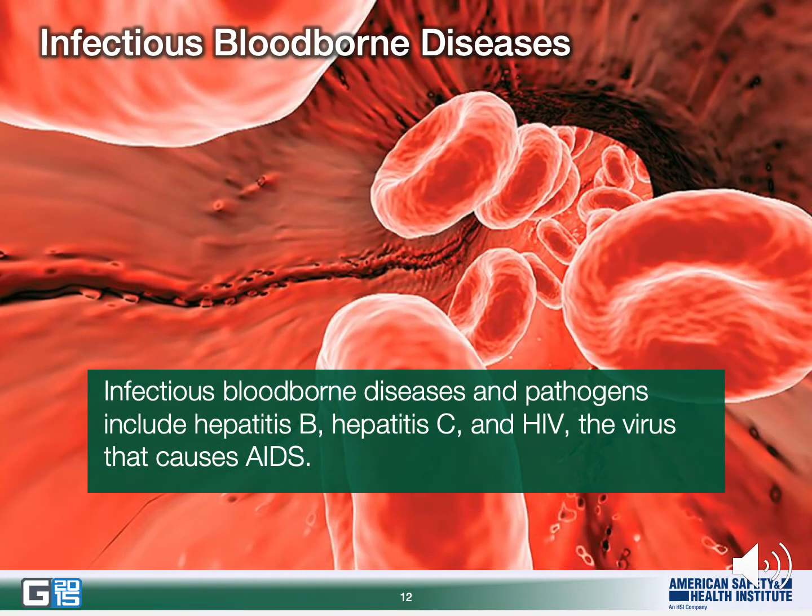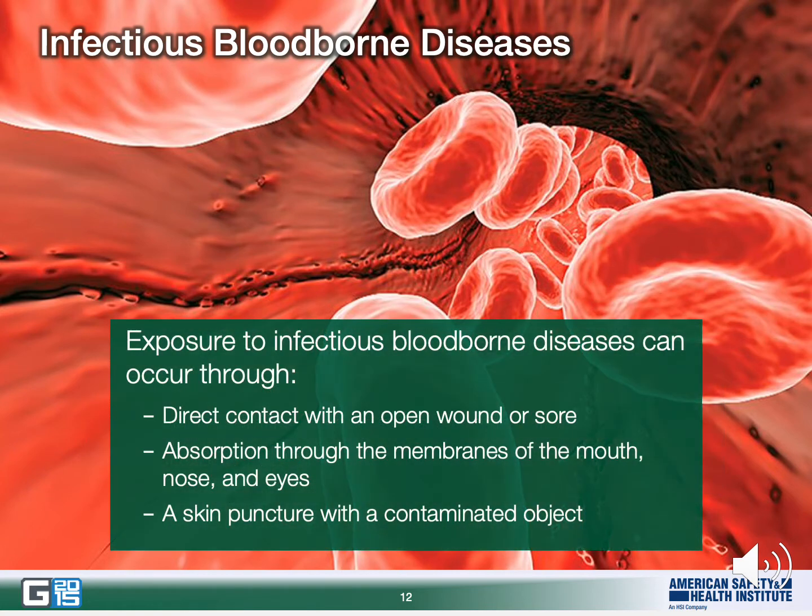Infectious bloodborne diseases and pathogens include hepatitis B, hepatitis C, HIV, which is a virus that causes AIDS. Exposure to infectious bloodborne diseases can occur through direct contact with an open wound or sore, absorption through the membranes of the mouth, nose, and eyes, or a skin puncture with a contaminated object.